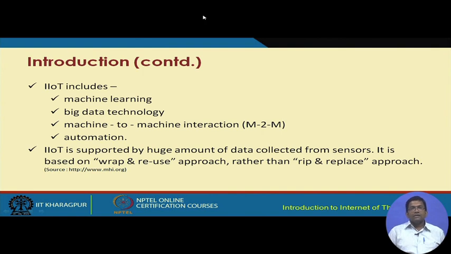Concepts, technologies and methodologies such as machine learning, big data technology, M2M (machine to machine communication), and automation are integral components for building IIoT. Machine learning, I think we all understand, is very popular.